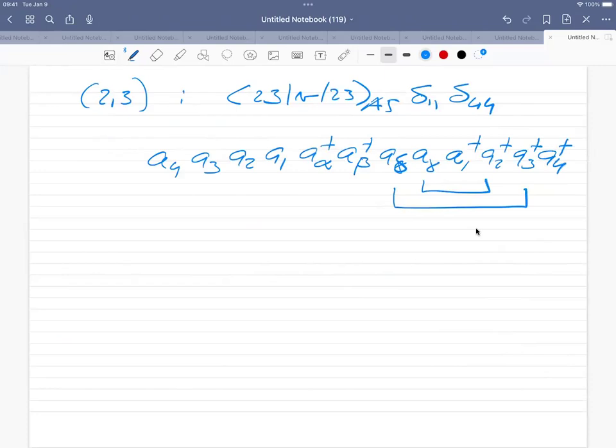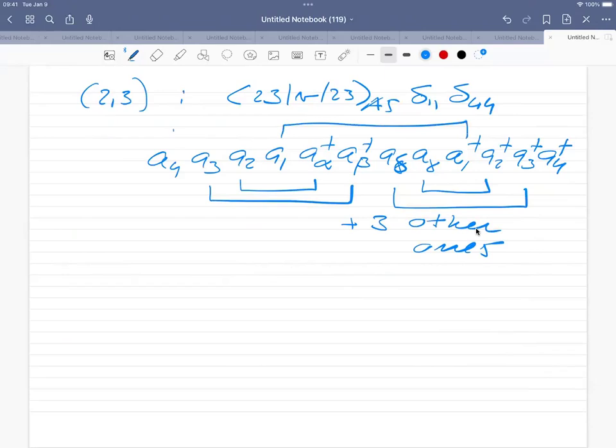Now, if I'm going to contract the two creation operators in the operator with another state than 2 and 3, then I would just get 0 again. So the only possible contraction here which is non-zero is this one plus 3 other ones. And the bystanding lines are going to be 1 to 1 and obviously 4 to 4.